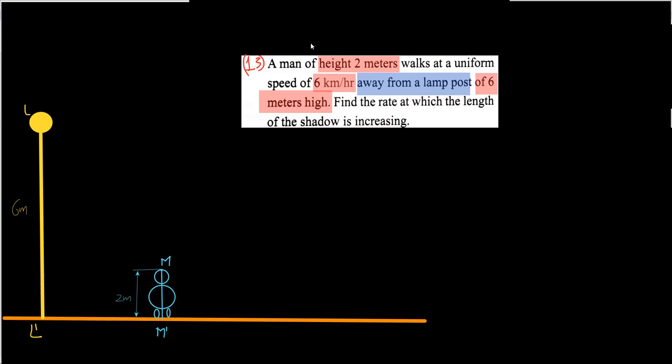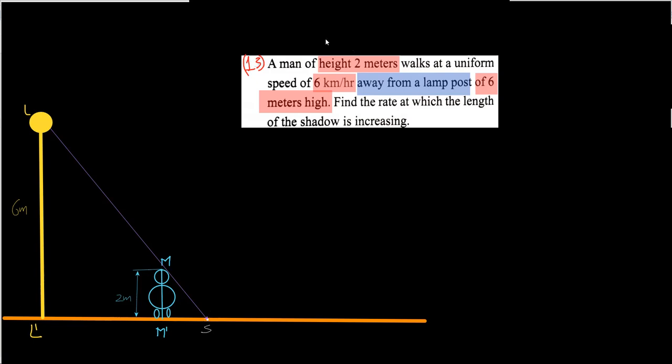So the length of the shadow is, I call this as S. So M dash S is the length of the shadow.